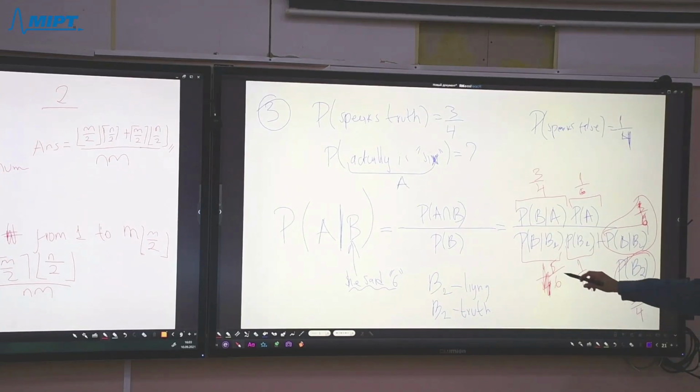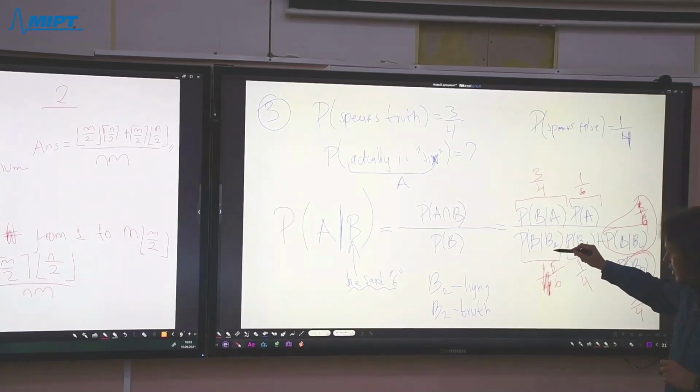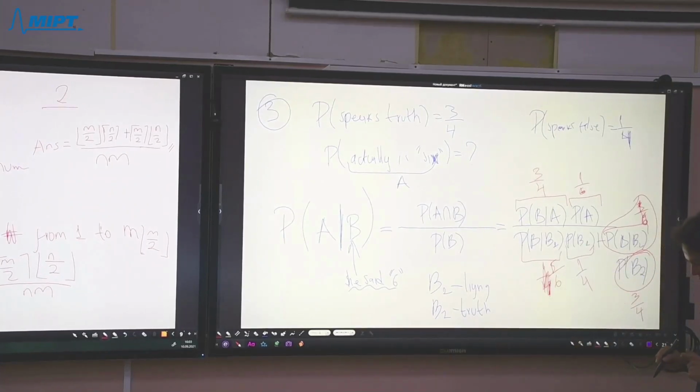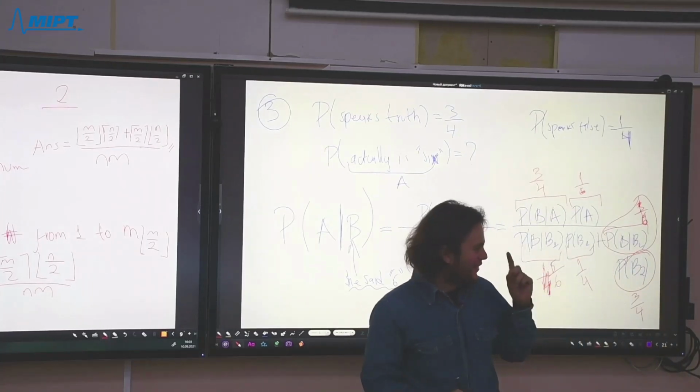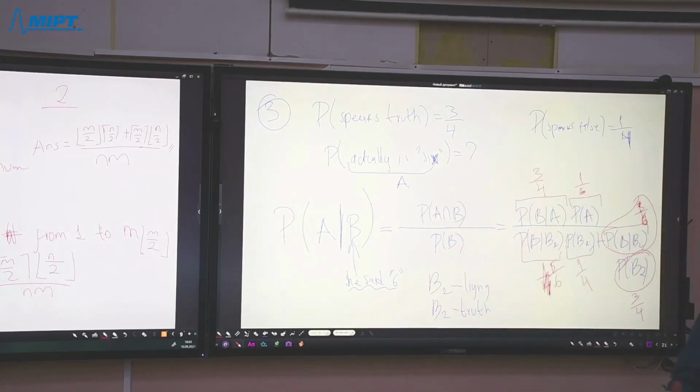So here is the probability that he said 6 if he's lying. So he's lying. All right, I see. So what's the probability that he didn't get 6? 5/6. Is it clear? Again, please.